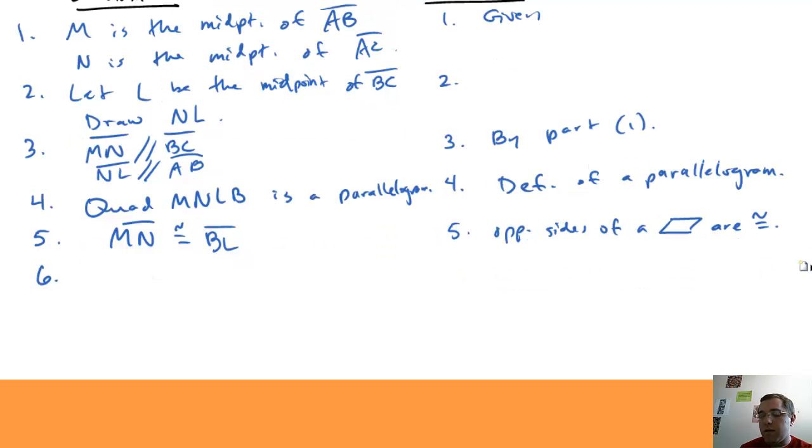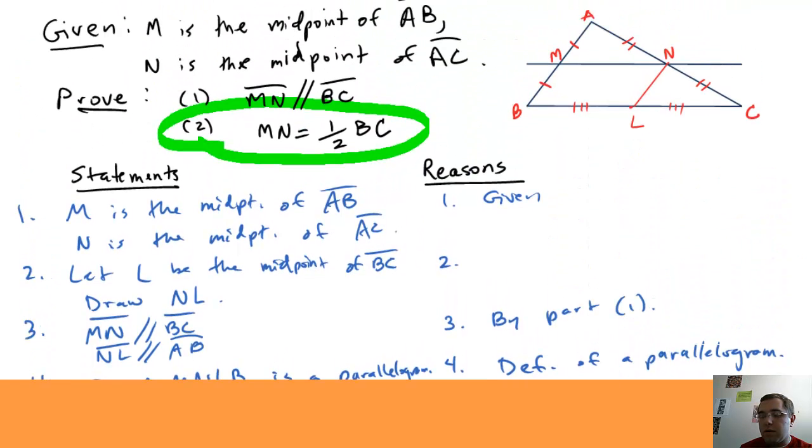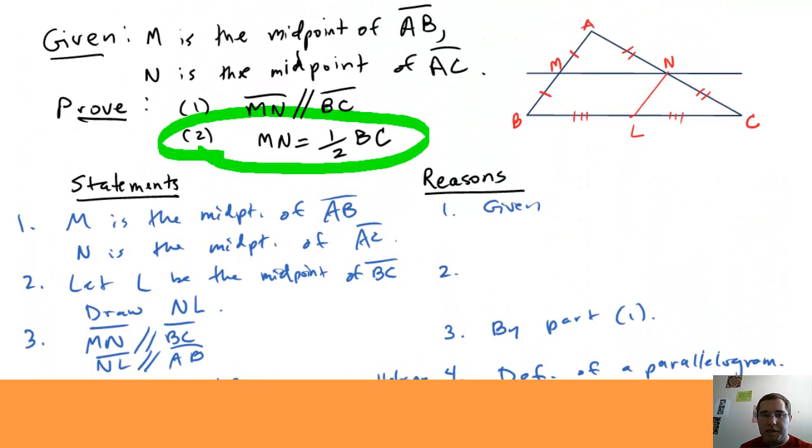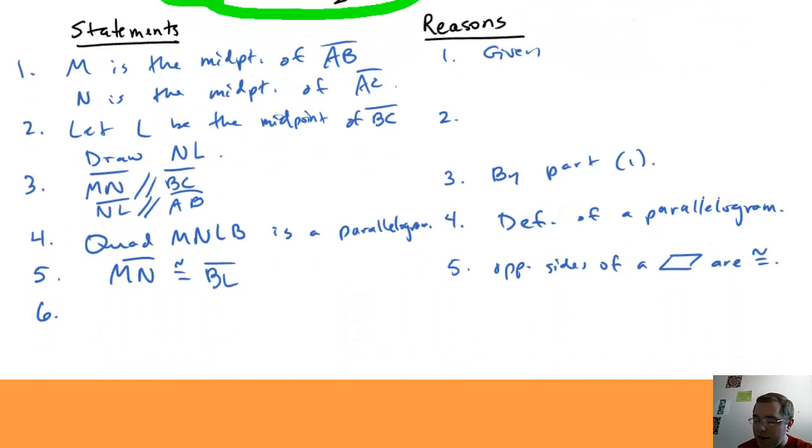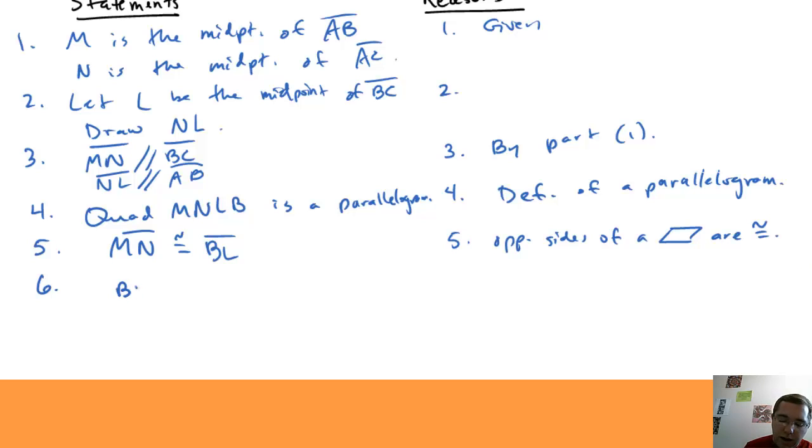But BL is half of BC because L is the midpoint of BC. How do I know it's half? Is that the definition of a midpoint? No. If I see half, it's the midpoint theorem. Good. So BL equals half of BC.